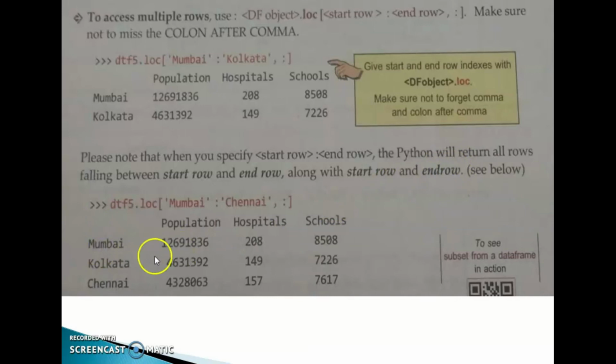Check this one. Mumbai, Kolkata, Chennai. I used here Mumbai : Chennai. In between this Mumbai to Chennai, how many rows are there? That all rows we can see. Clear?